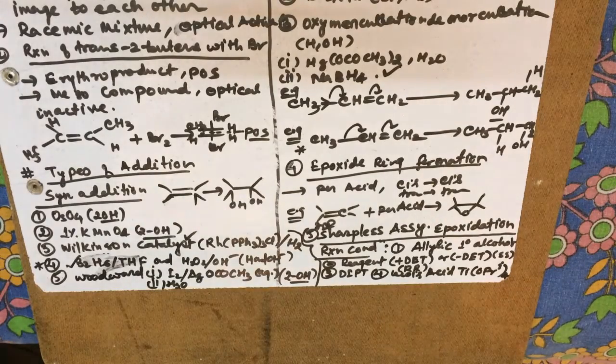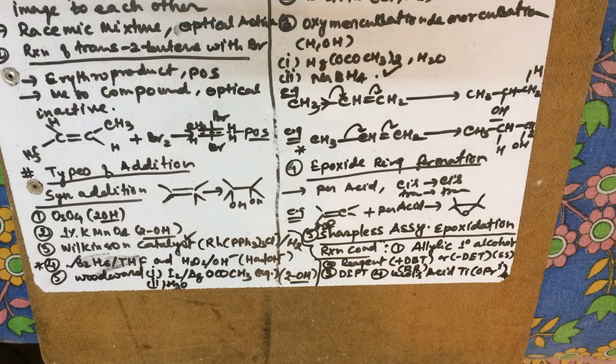These are the main conditions. Temperature is 0 to 5 degrees centigrade, solvent DCM, dichloromethane, and TBHP, tert-butyl hydroperoxide.